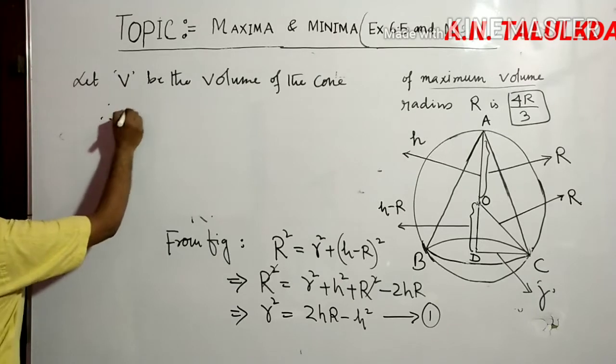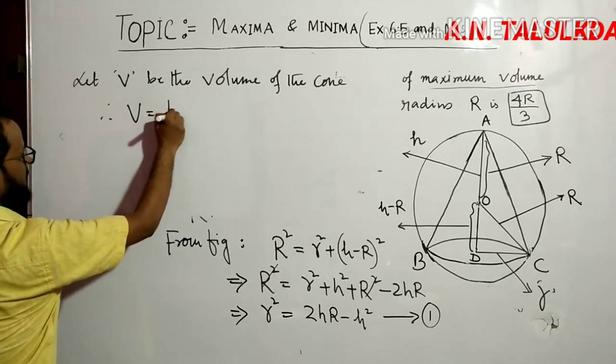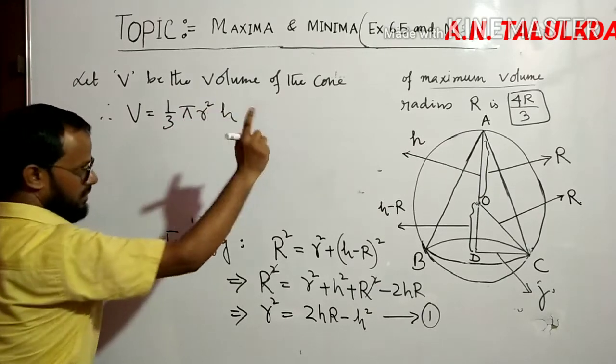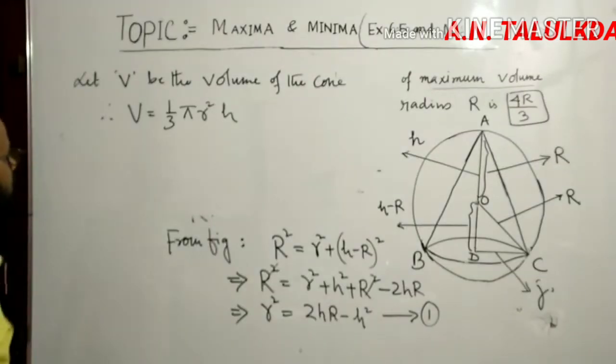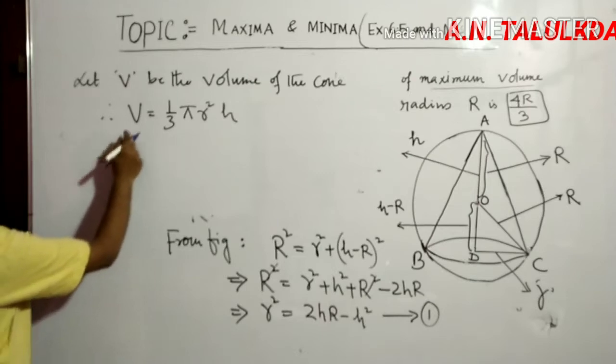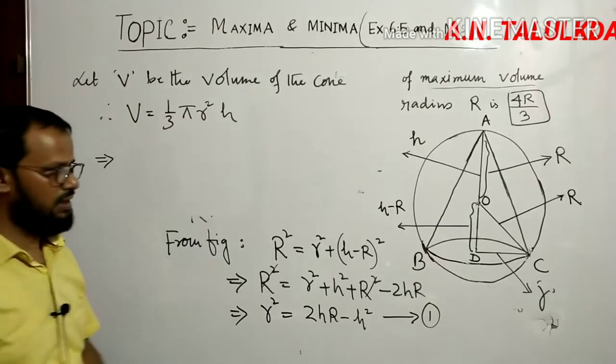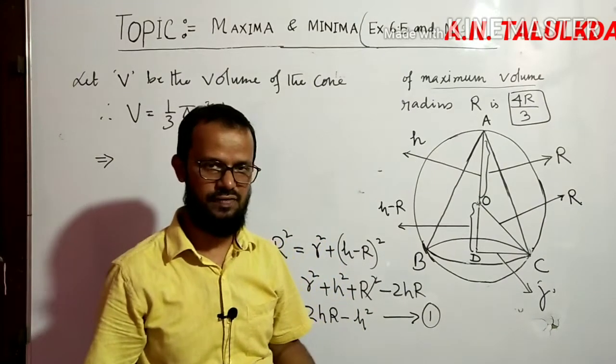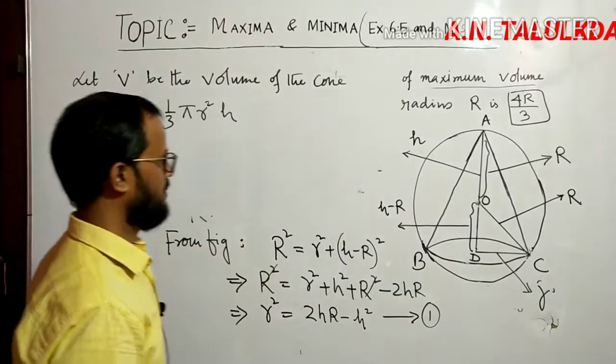Therefore the formula of volume is 1/3 pi r square H, where H is the height. Here B is a function of r and H, because as I already told you, r and H are variable. For a different cone r is different, H is different. That's why these are variables.